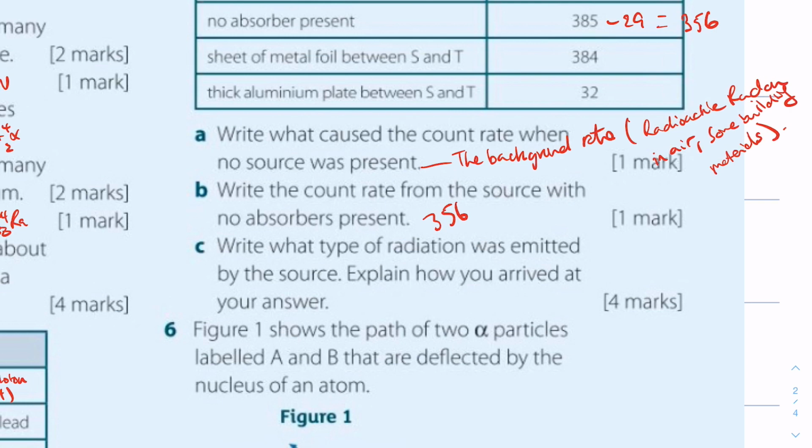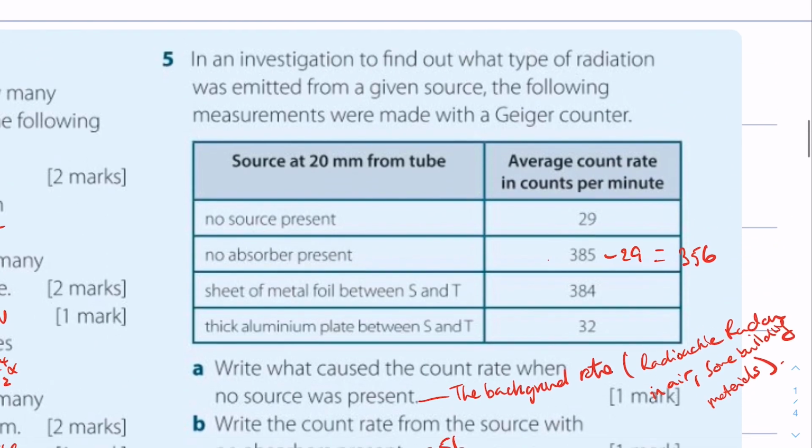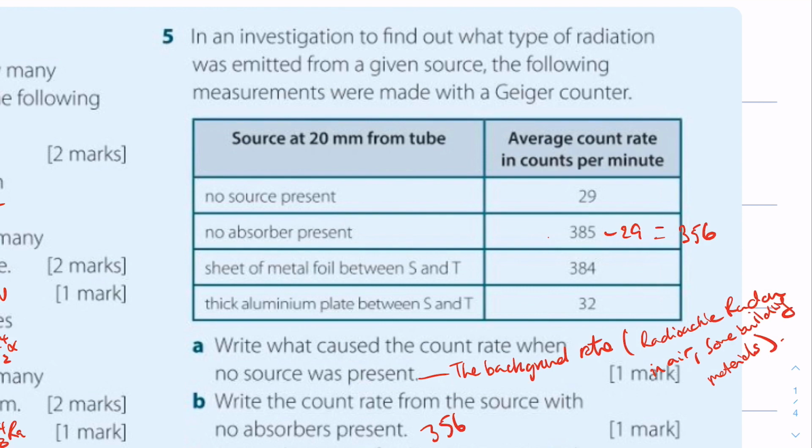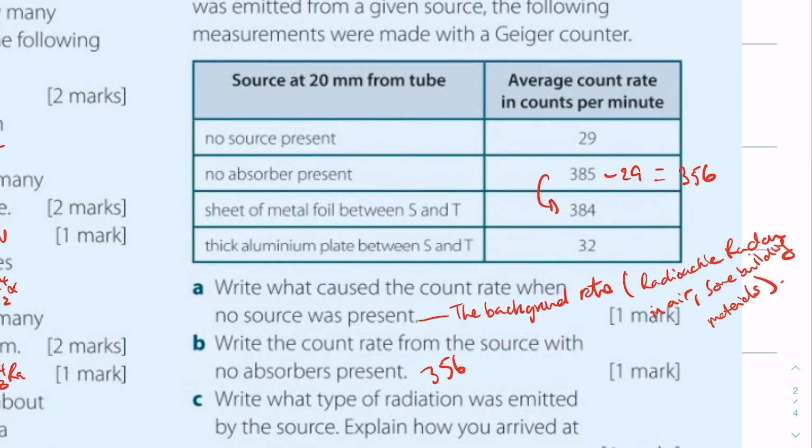And then write what type of radiation was emitted by the source. Explain how you arrived at that answer. And so if we put some metal foil in between the source and the tube, then the count rate remains the same.